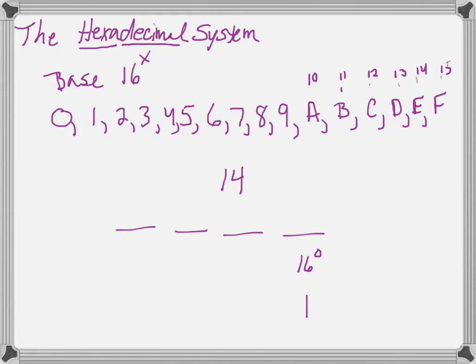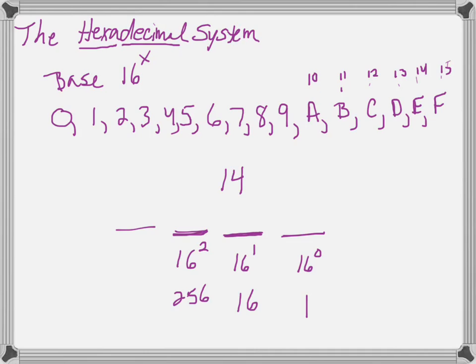The next one is the base to the first power. So that is actually whatever your base number is. So that's going to be 16. That's the 16's place. And this one is 16 to the second. This gets a little confusing when you have bigger number systems, because these numbers kind of get hard to deal with. But 16 squared is 256. So this is the 1's place, the 16's place, the 256 place.